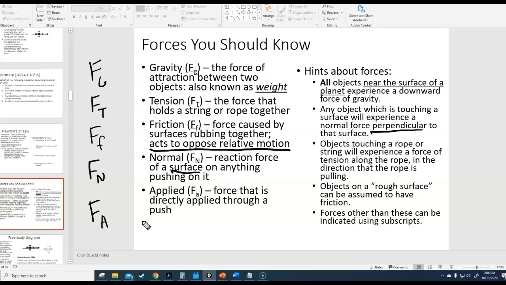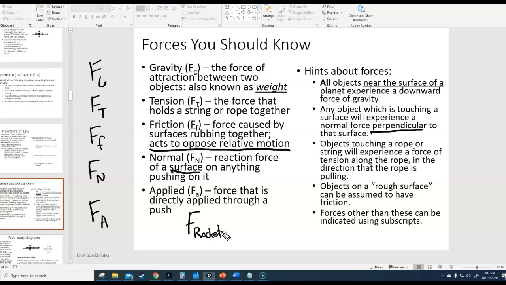Now, are these all the forces you're going to see? No, but they're most of the forces you're going to see. Sometimes you see forces where you don't really know what to call them, and so you just label them something that makes sense. For example, if you had a problem with a rocket ship, and there's a force from the rocket ship, you could label that F rocket.